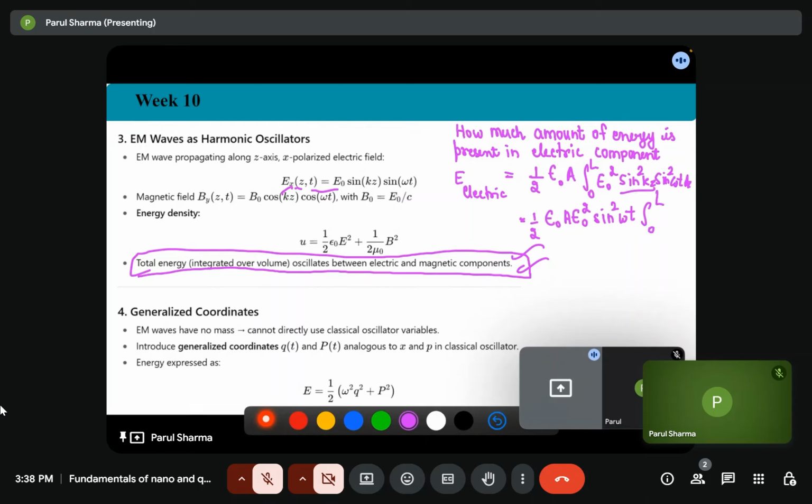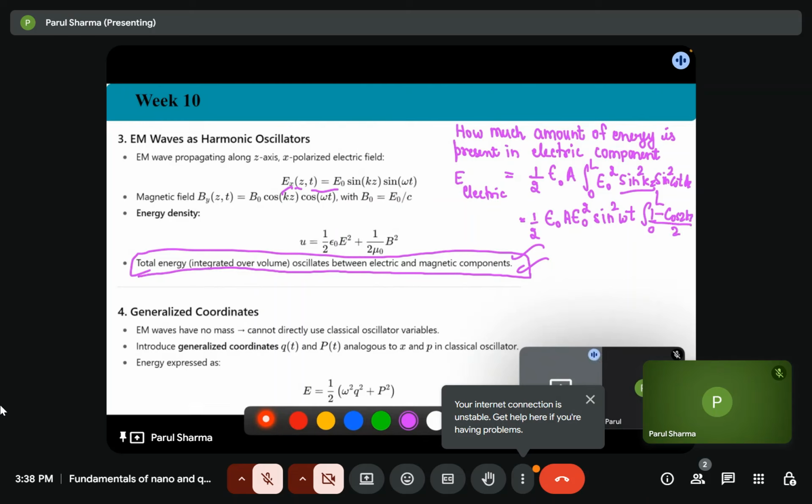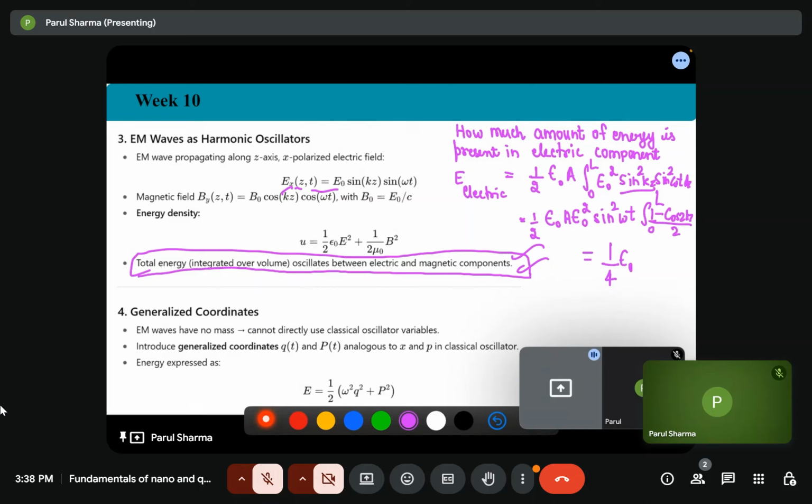The integration will be of sine square kz. So sine square kz we can define as 1 minus cos 2kz by 2 dz, which will give us 1 by 4 epsilon naught V E naught square sine square omega t, where V is equal to area into length, the volume.